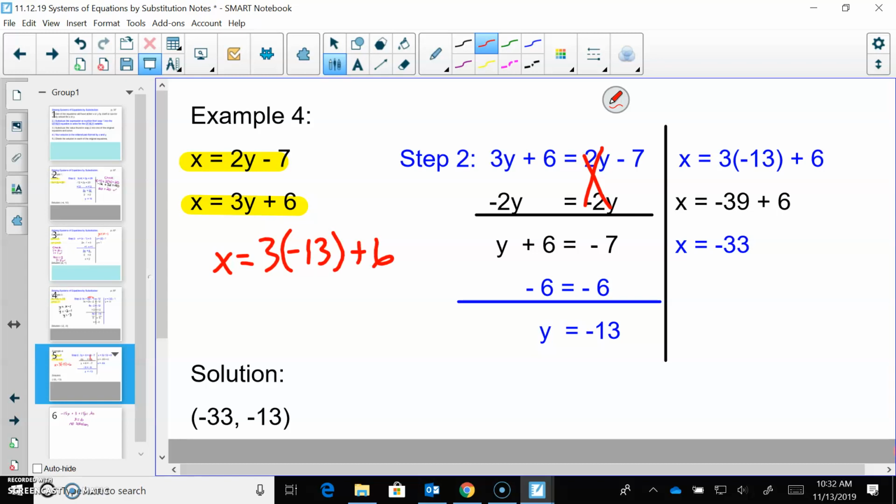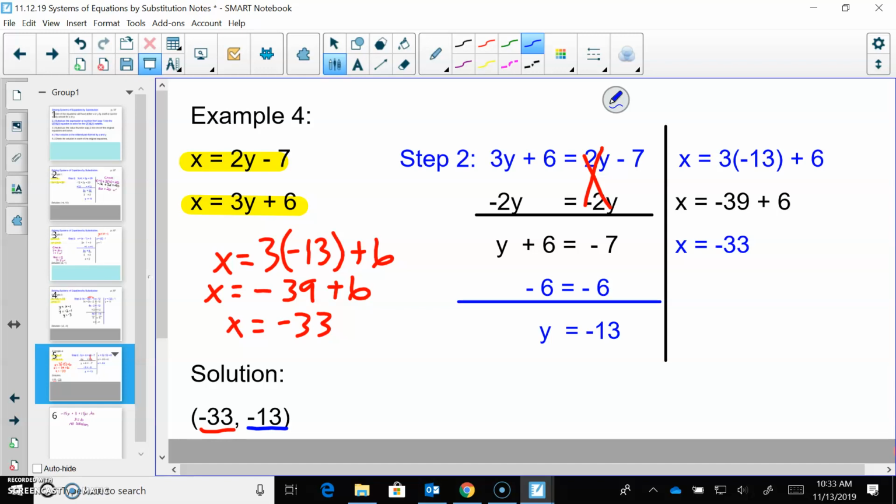When I do 3 times negative 13, I get a negative 39 plus 6. And then when I combine negative 39 plus 6, that gives me a negative 33 for my x. So that's why, as the ordered pair for the solution, negative 33 is my x, so it comes first, and then my y is negative 13, which comes second.